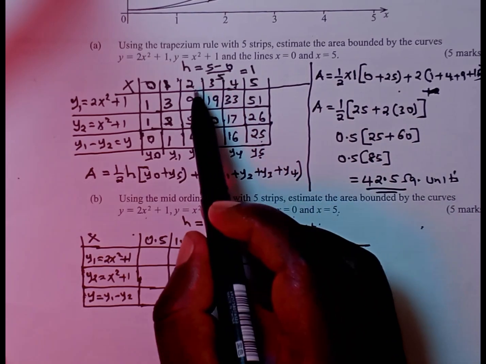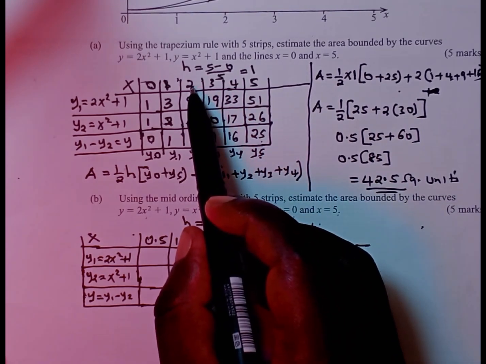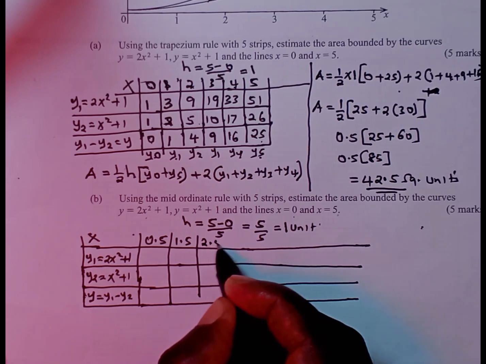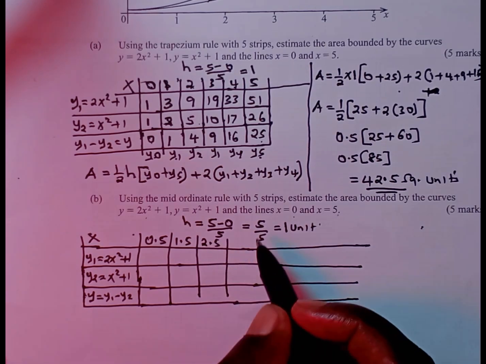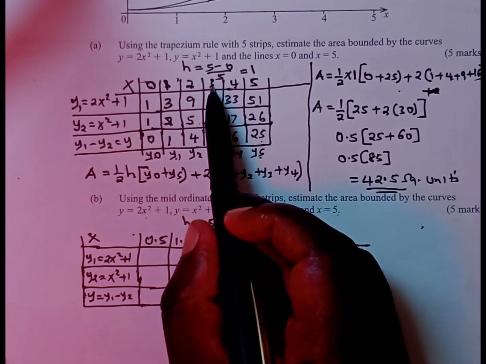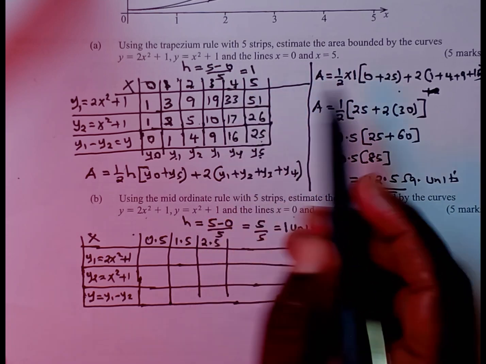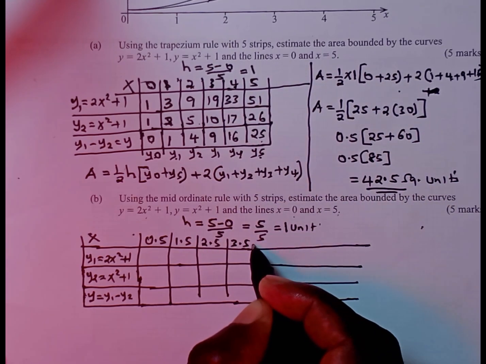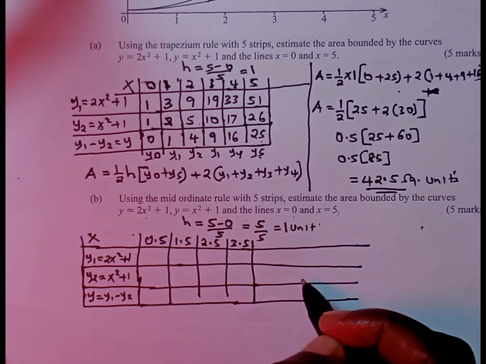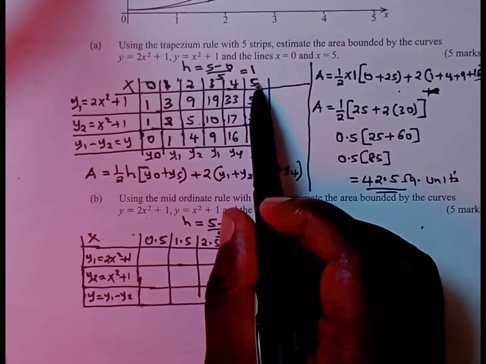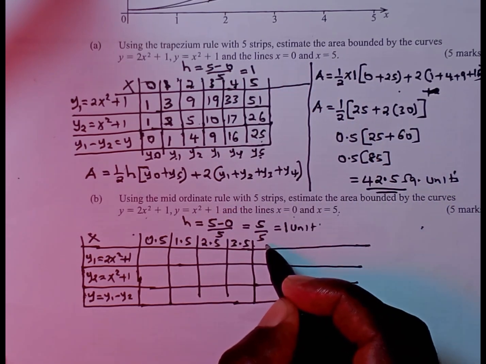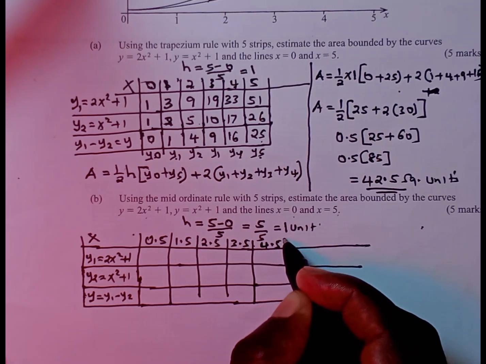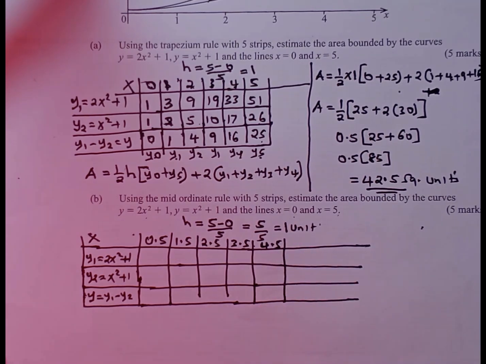Then next we take 2 plus 3, which is 5, divided by 2, you get 2.5. And the next mid-ordinate is going to be 3 plus 4, which is 7, divided by 2, you get 3.5. And lastly, we are going to have 4 plus 5, which is 9, divided by 2, you get 4.5.